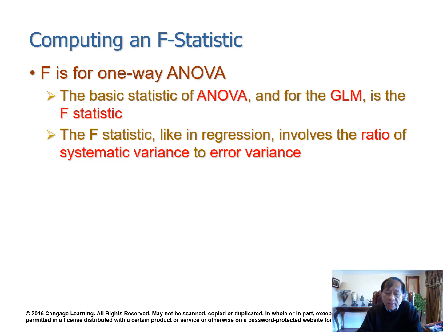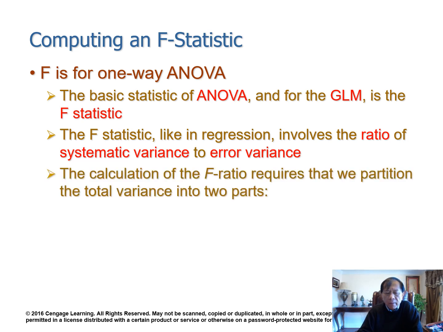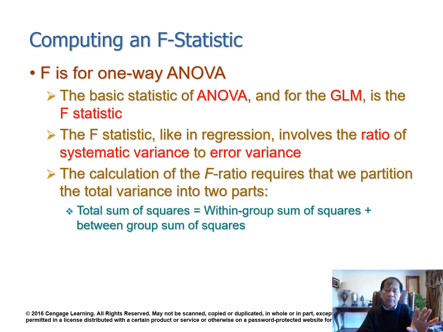Basically, the F stat is systematic variance divided by error variance. The calculation of the F ratio requires that we partition the total variance into two parts.